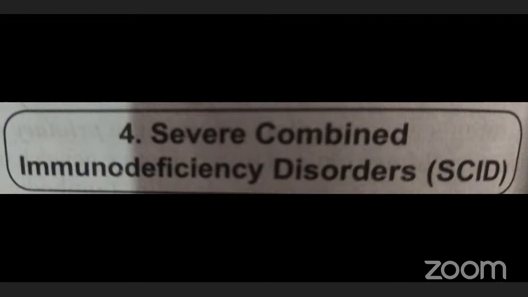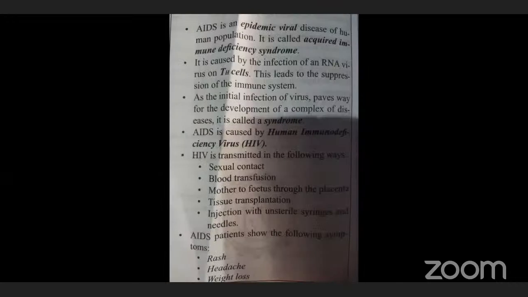Clear? SCID is an important one. The next one is AIDS, which is also present in your syllabus. AIDS is an epidemic viral disease of the human population, which is caused by the virus HIV.